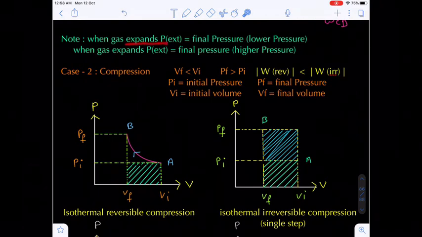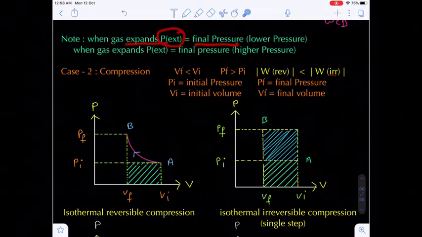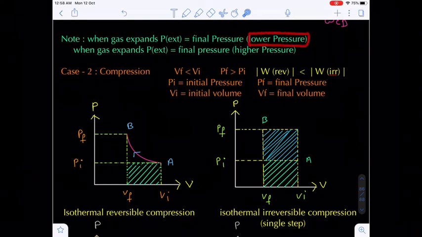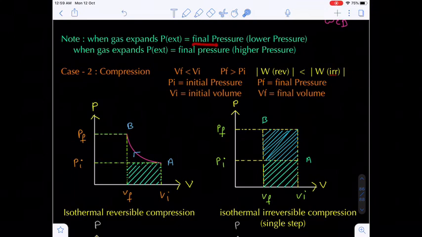Remember, when the gas expands, the P external value is the final pressure. When the gas expands, what happens? The pressure decreases because volume increases. So the lower value of the pressure, which is the final pressure, corresponds to the P external. This is very, very important. How to identify the P external? It is the final pressure, which is the lower pressure in case of expansion.